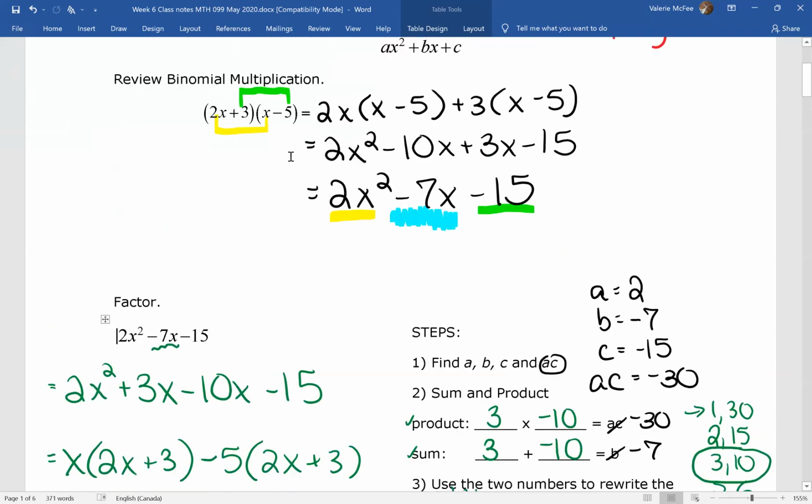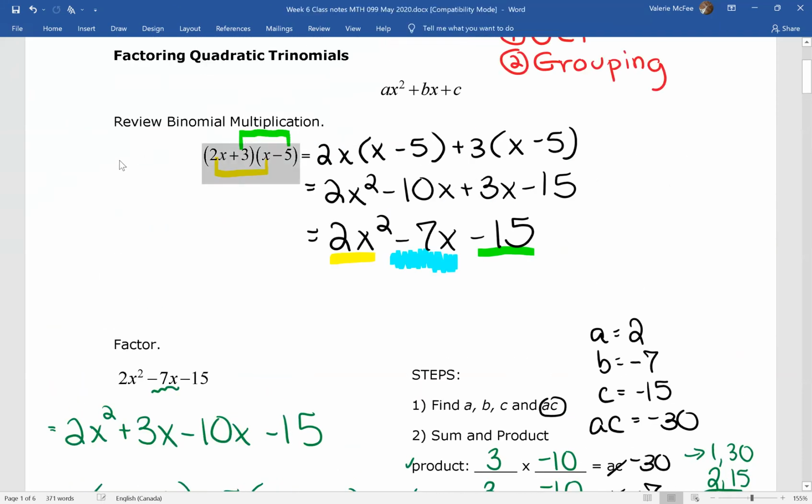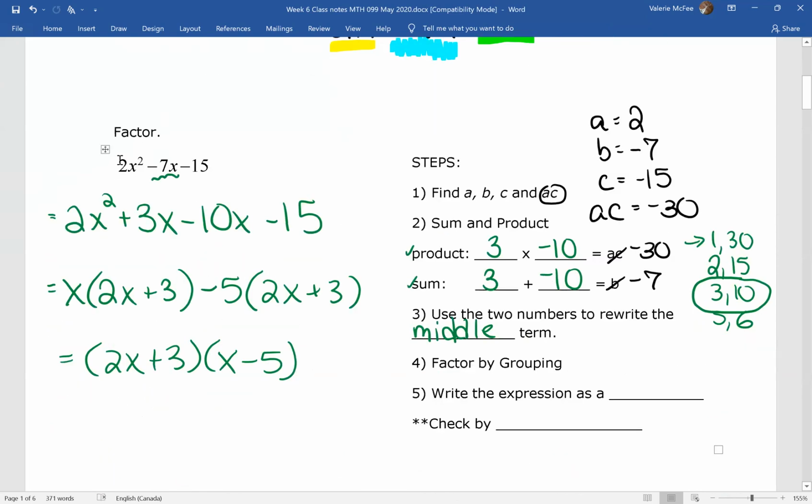If we go back to the beginning, we see that's what we started with here. 2x plus 3 times x minus 5. Remember that this is always going to be written as a product. Every time you're asked to factor, your answer should be multiplication.